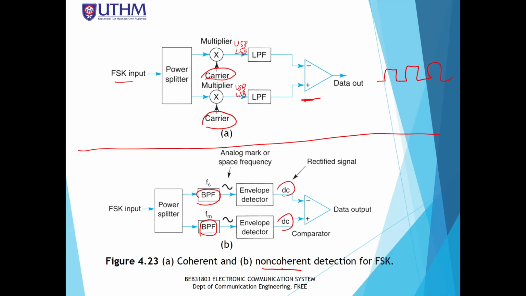This DC voltage output will be put inside the comparator to compare whether this is a logic 1 or logic 0. The comparator converts the DC input voltage into logic 1 or logic 0. So you're going to produce a logic 1 or logic 0 output, 0 1 0 1 0 1 and so on.